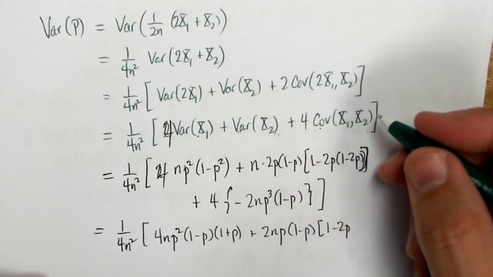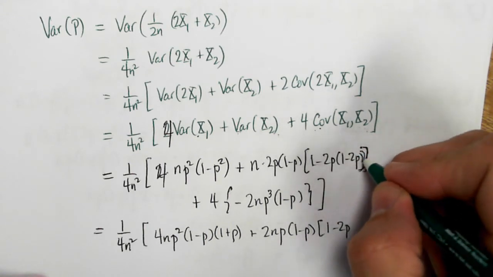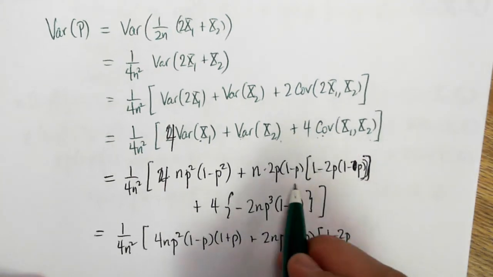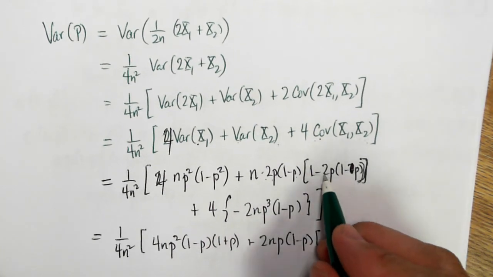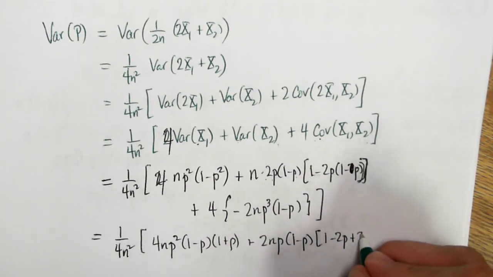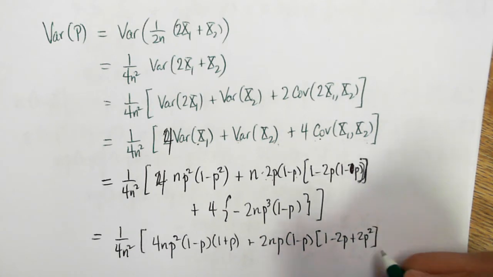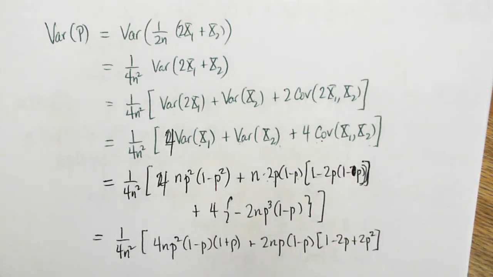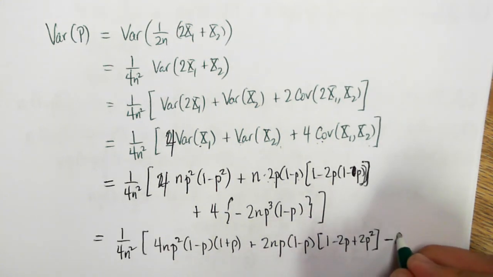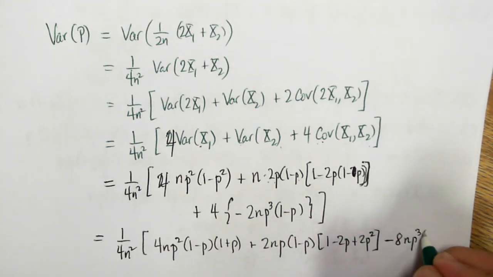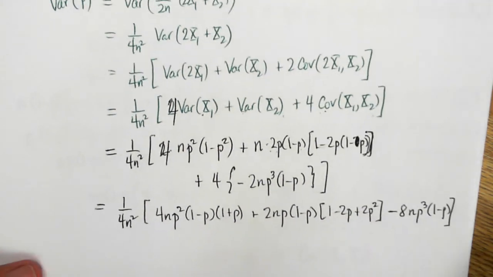Let's see, something went wrong, and it is, this 2 is incorrect. I apologize. So this is going to be 2p(1 minus p). This is 2p(1 minus p). Okay, so minus 2p, then here I have plus 2p squared. And then I have minus 8np cubed (1 minus p).